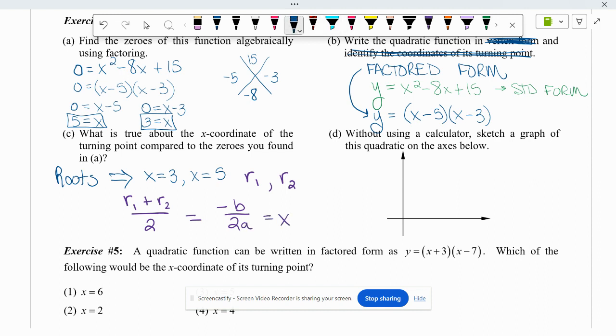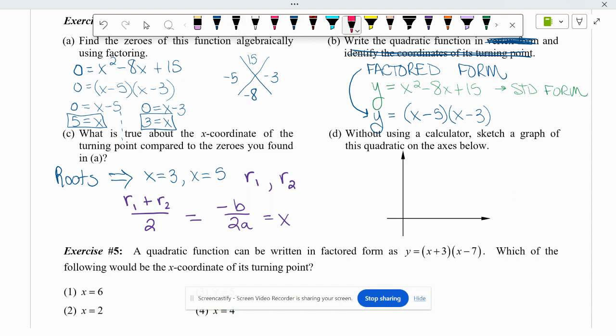How does that even make sense? Well, remember that the axis of symmetry is exactly in the middle between the two roots. It's the average of the two points.